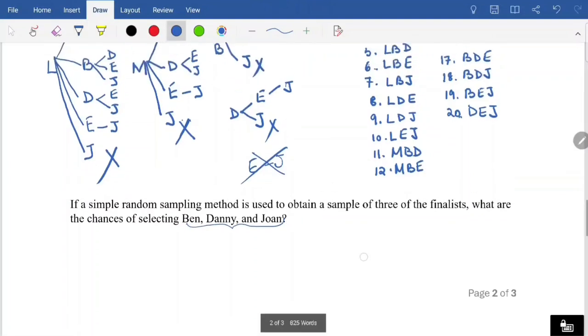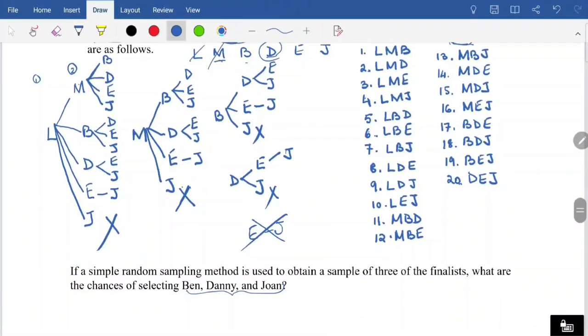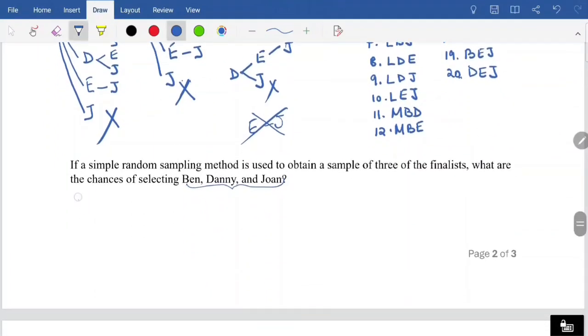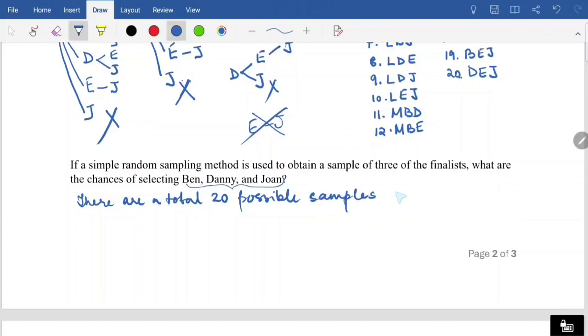All right, so how many combinations did we have? 20, right? So there are a total of 20 possible samples, 20 unique combinations, of which how many combinations do we have with Ben, Danny, and Joan?